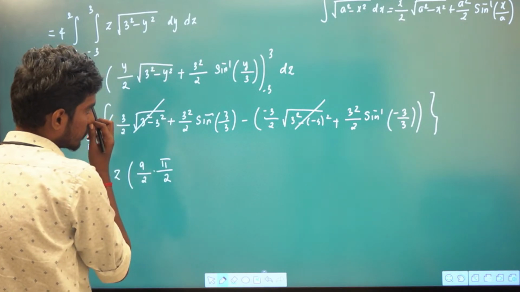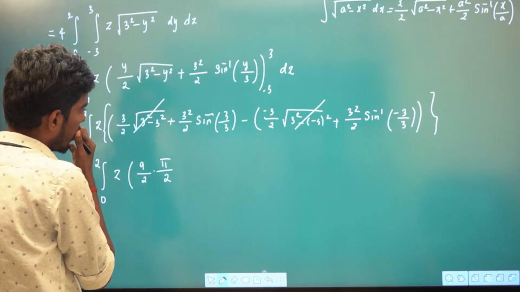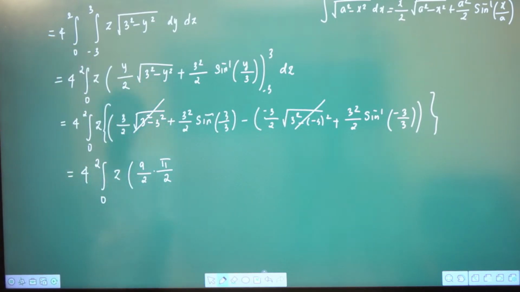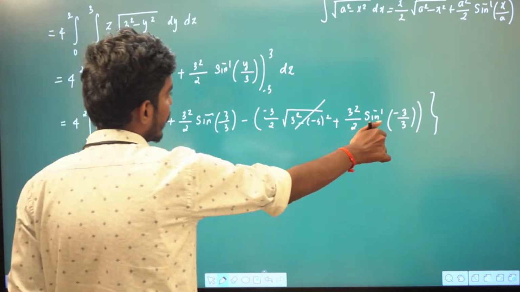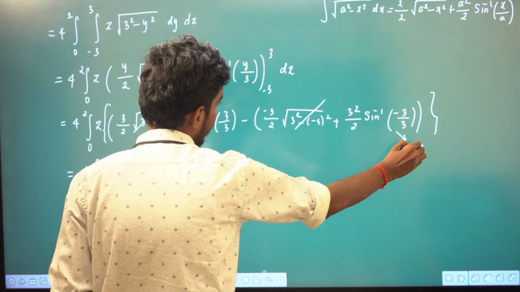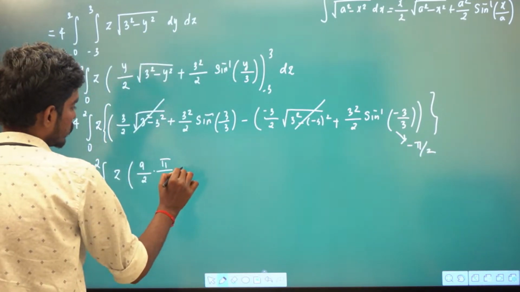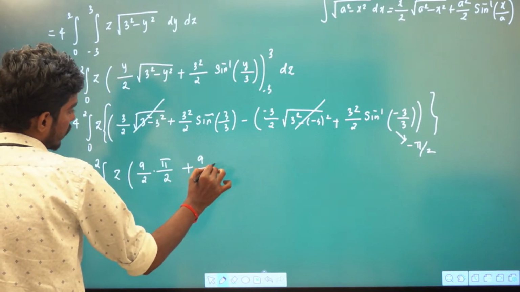And here, upper limit minus lower limit, I have sine inverse of minus 1. This is minus pi by 2, right? So minus minus will be plus. So you will have plus 9 by 2 times pi by 2.